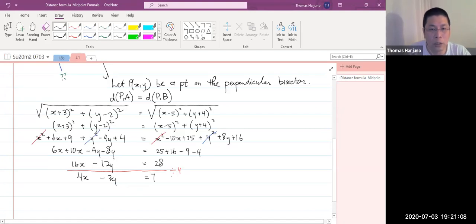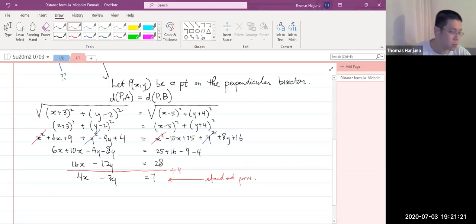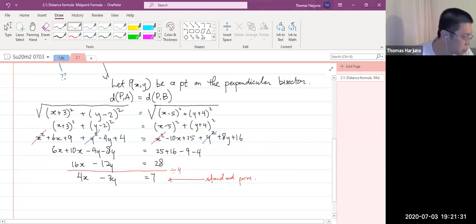By the way, this is standard form. You can change it into slope-intercept form if you want, but as long as it is either in standard form or slope-intercept form, you are actually fine.